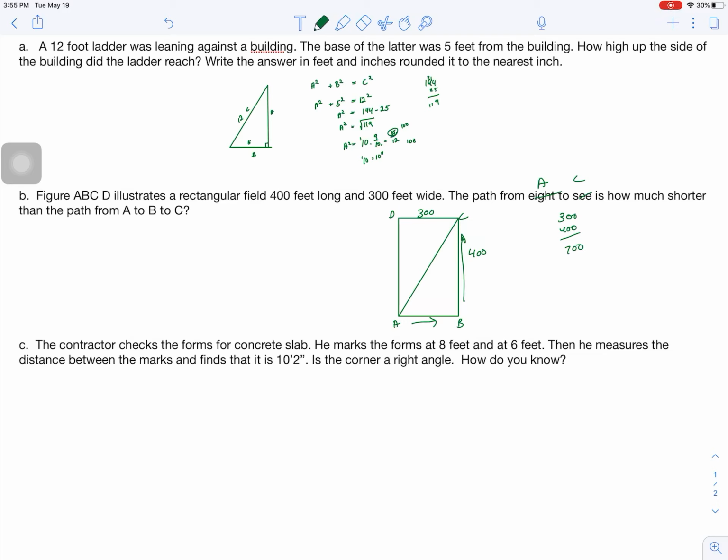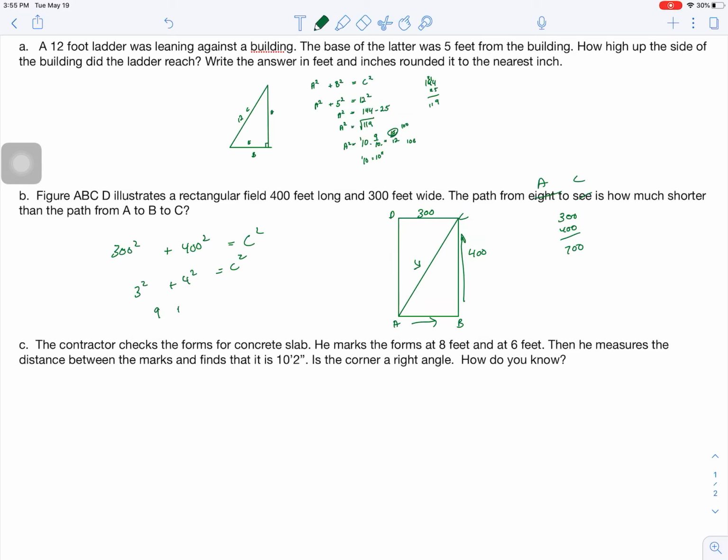That gives us 700. So now it's asking us, what would we get if we go straight across? Well, we know that we have a triangle here. This is the hypotenuse. So we go 300 squared plus 400 squared equals c squared. And actually, if you want to figure it out simpler, you do 3 squared plus 4 squared equals c squared, and we'll add our zeros later.